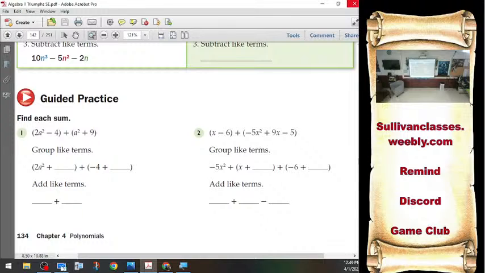Good job checking. What number is supposed to go to? Well, just these 2 for now. I'm confused at number 2. Okay. So right here, it says negative 5x squared plus, and then they have a parenthesis.